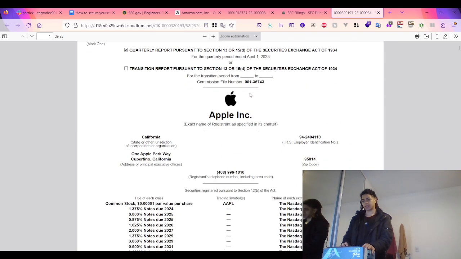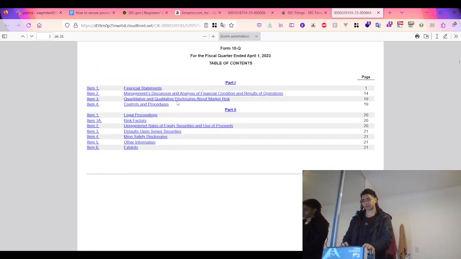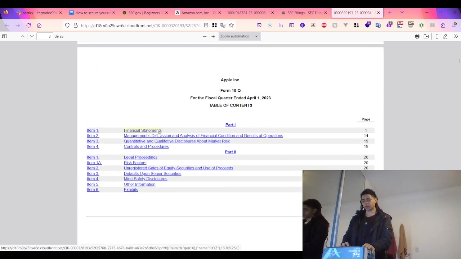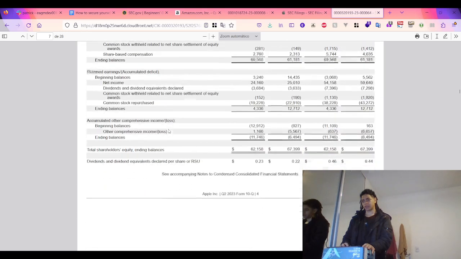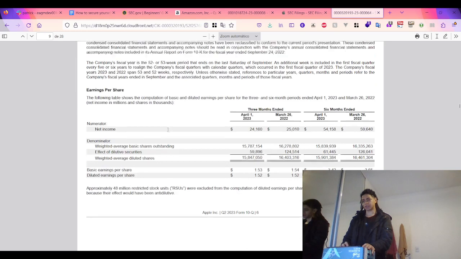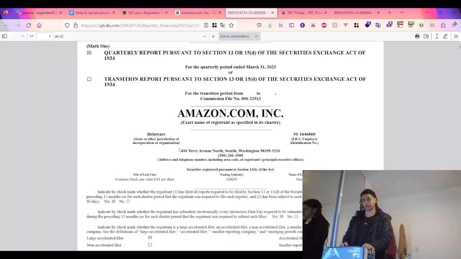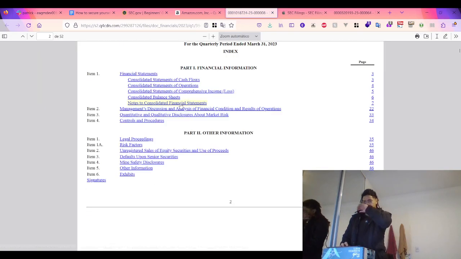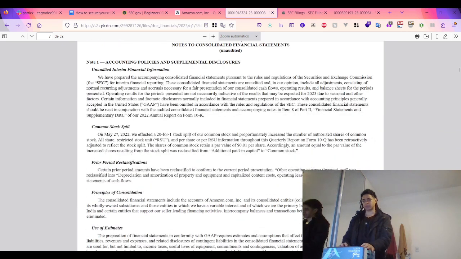So in the footnotes, or below the financial statements, they talk about things like this. The notes to condensed consolidated financial statements. The summary of significant accounting policies. So if I take a look now at Amazon, notes to consolidated financial statements.